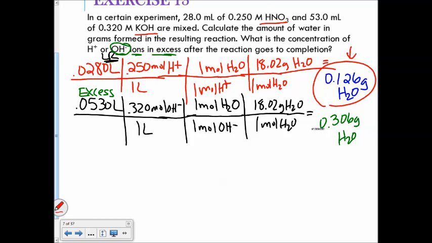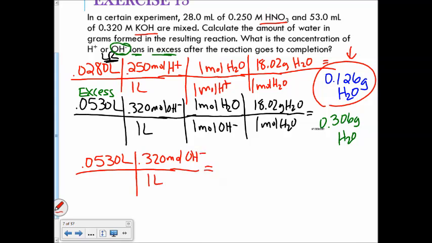So we are starting with 0.053 liters, 0.32 moles hydroxide. It's 1 liter. So this is going to be my moles of hydroxide that I'm starting with. I'm starting with 0.01696. I'm not going to round till the end. Okay. This is my moles of hydroxide, starting amount. Now what can I do?